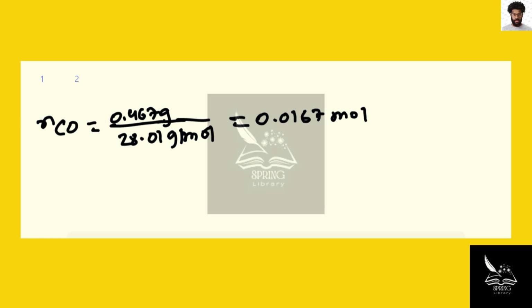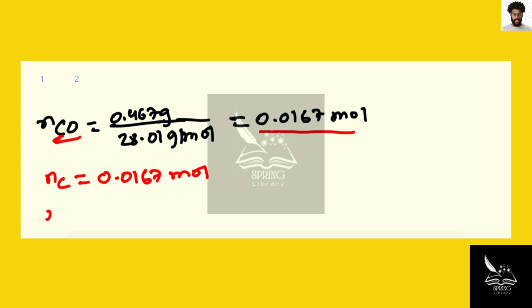Now, since we can see that in one molecule of carbon monoxide we have one carbon atom, that means in 1 mole of carbon monoxide we will have 1 mole of carbon, and in 0.0167 mole of carbon monoxide we will have the same number of moles of carbon. So the number of moles of carbon here is also 0.0167 mole.